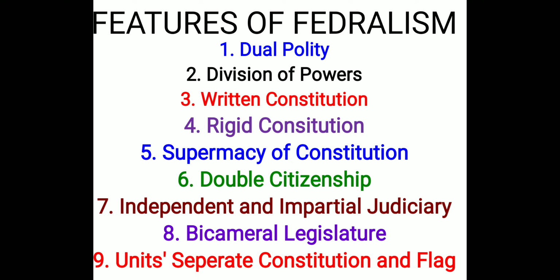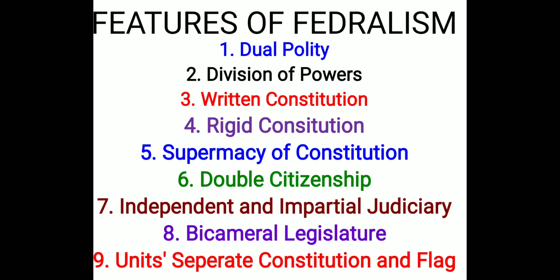So federalism will exist only where the constitution is rigid. The central government cannot amend it on its own, and if the amendment is required, then the amendment must be approved by the states also.